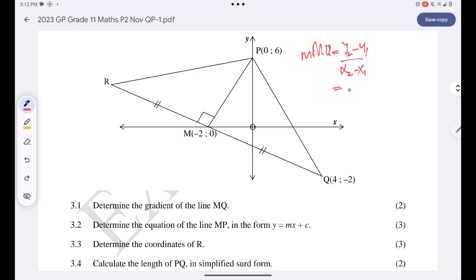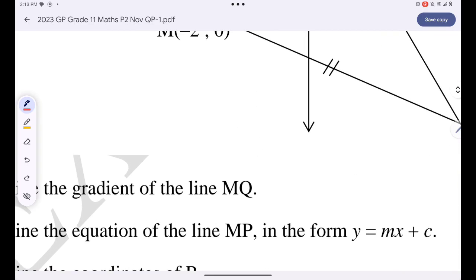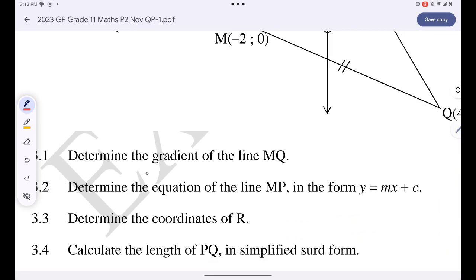So I'll simply take the y value at M, which is 0, minus the y value at Q, negative 2, all over the x value at M minus the x value at Q. So at the top I'll have a positive 2, at the denominator I'll have a negative 6, and my gradient will be negative 1 over 3. So the gradient of line MQ is simply negative 1 over 3.